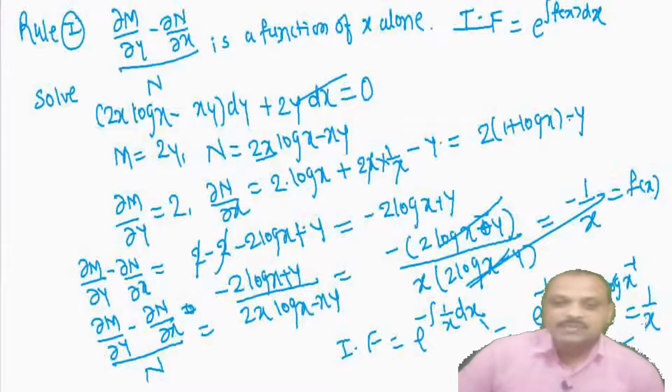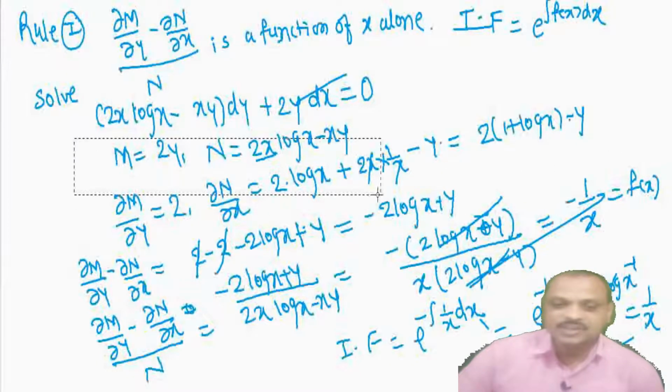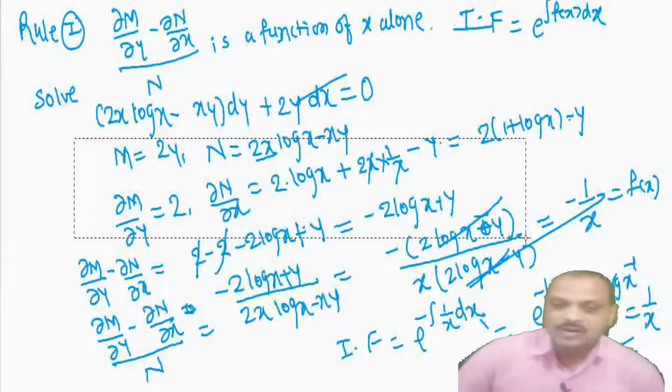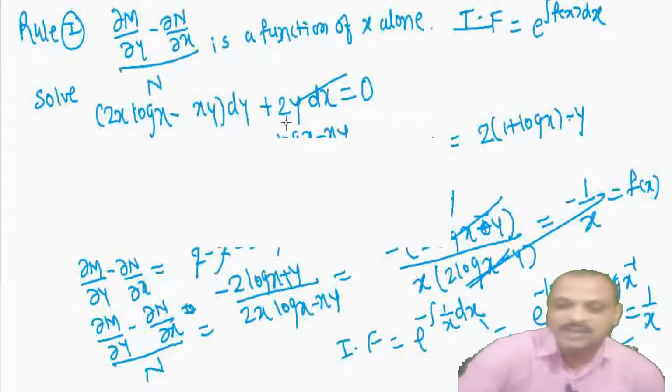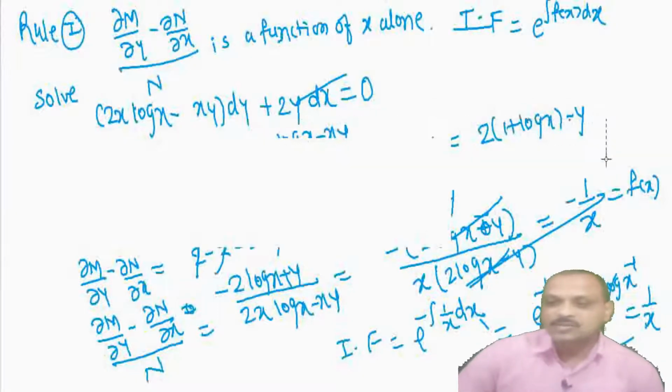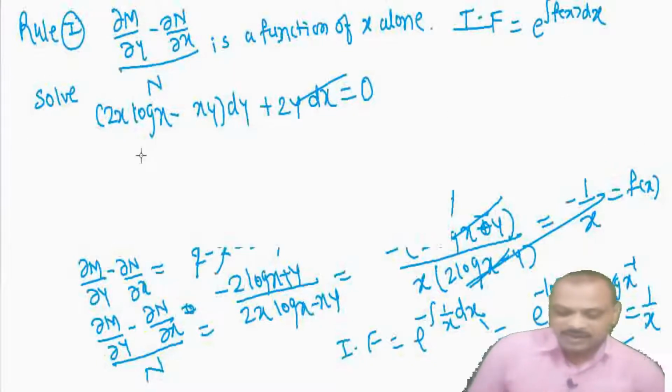So let us multiply by this factor and see what happens to this new form of the equation. We have obtained an integrating factor. Let us apply that integrating factor to multiply this equation. This is my equation, so let us multiply by 1 by x.